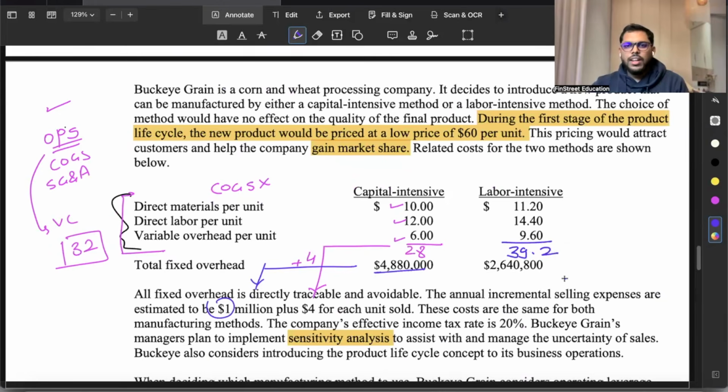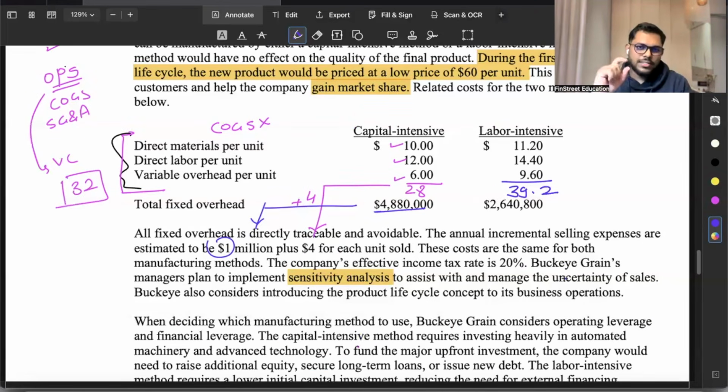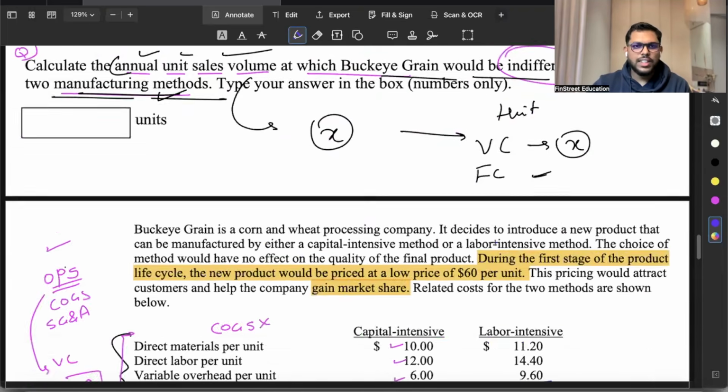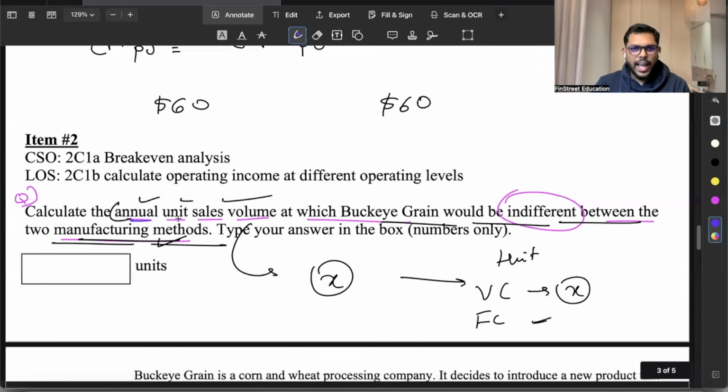39.2. Now, one thing to be careful about, look at the wording. Karthik or someone else had asked me, sir, should we take selling expense or not, incremental or not. See, we are talking over here about indifference when we are selling units, annual unit sales volume. So when we are selling, we have our production, then it went to retail.